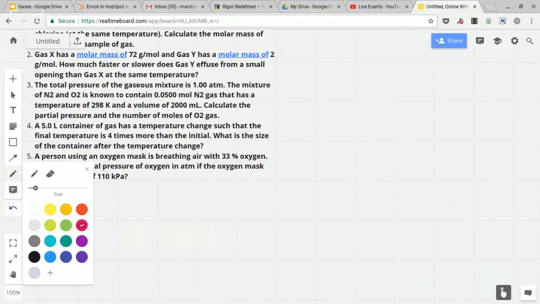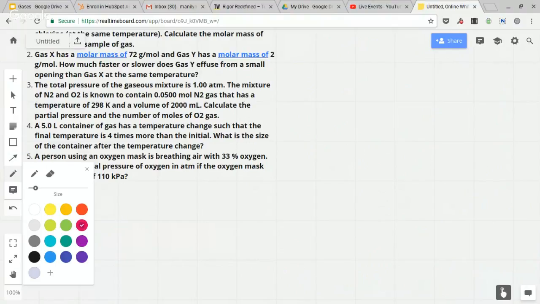Obviously, there's molar mass and the word effuse, so this is the type of problem that talks about Graham's law of effusion. It's more or less the same as number 1. Now, how do we write down the expression for this particular problem?